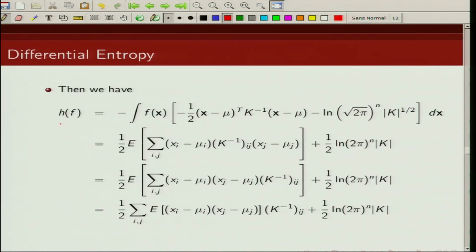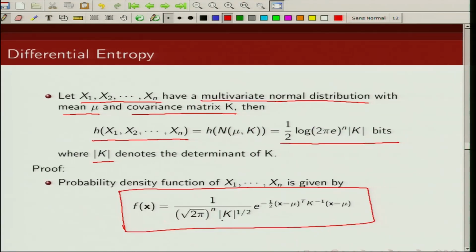Next, we apply the definition of joint differential entropy. So this will be minus the integral of f of x log of f of x dx. So when we take log of this function, we will get log of this plus this term, minus half (x minus mu) transpose K inverse (x minus mu).